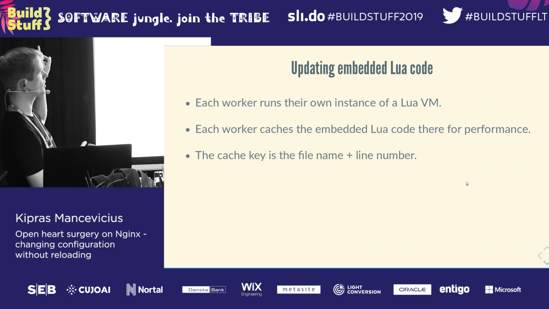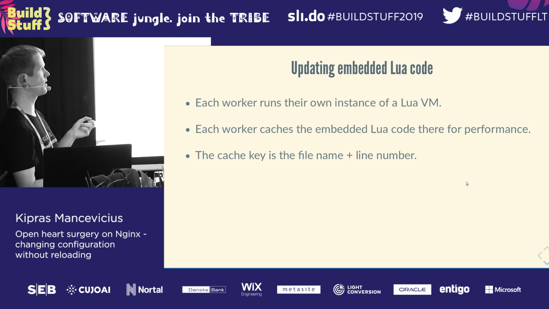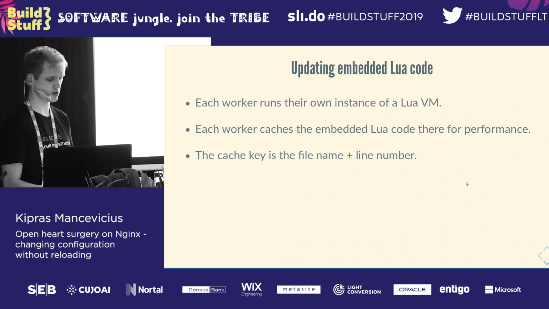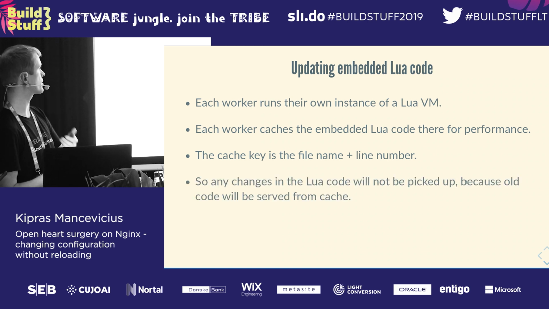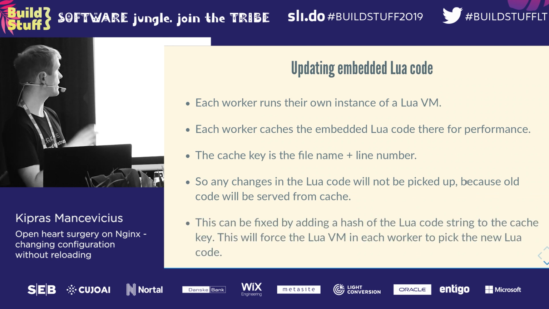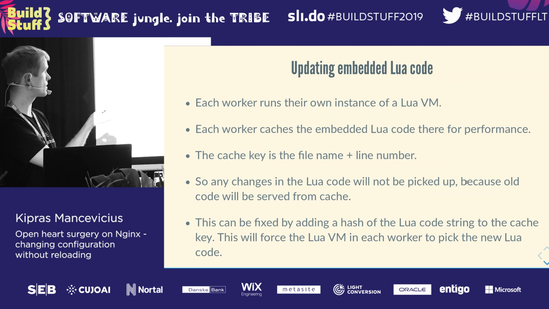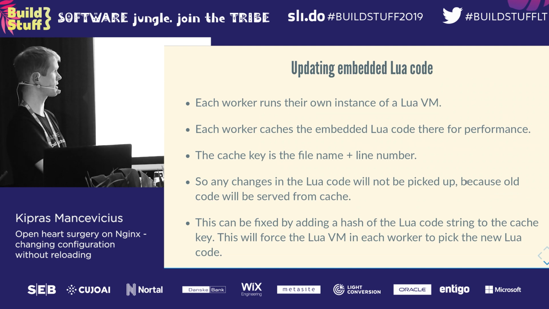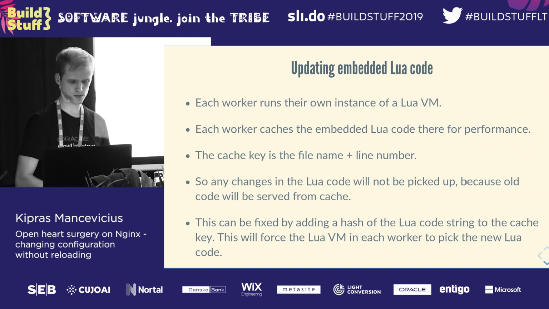Oh, it was for web app something, line 12. That didn't change, it's still the same position, so I'll just use it from the cache. You have to invalidate the cache in all of the workers. To do that, you just add a hash of the code itself and put that into the cache key. That way the hash changes, and new workers pick it up and recompile it.